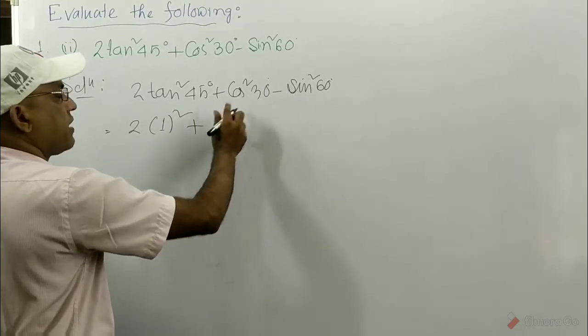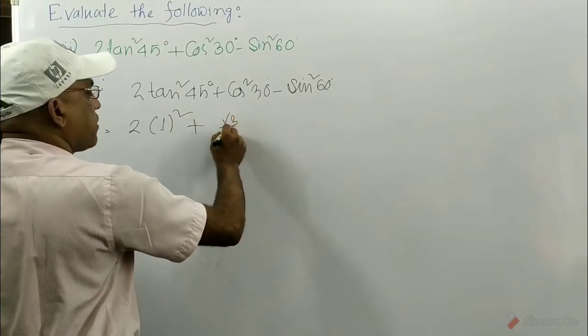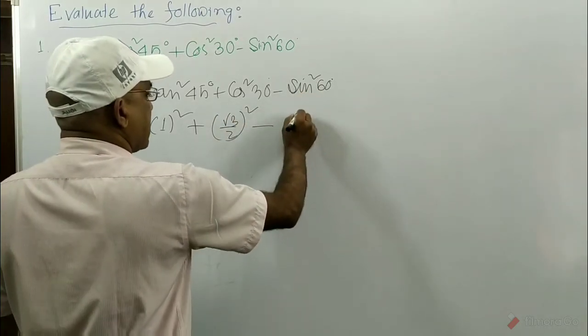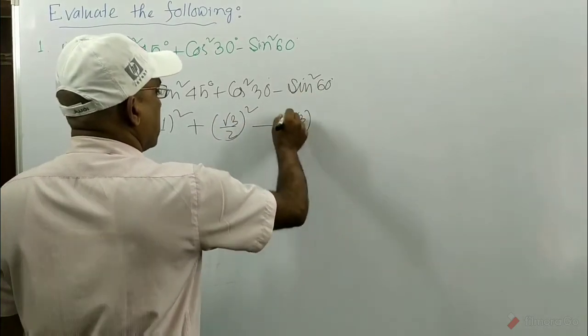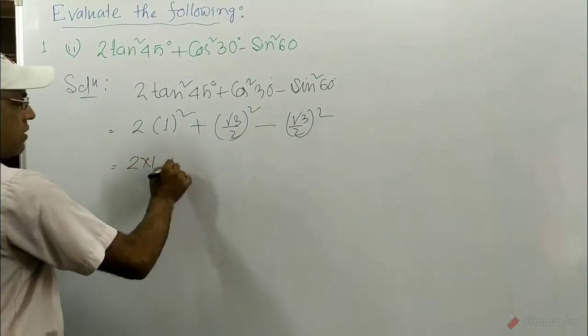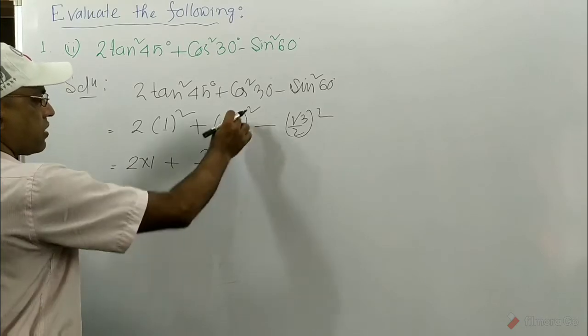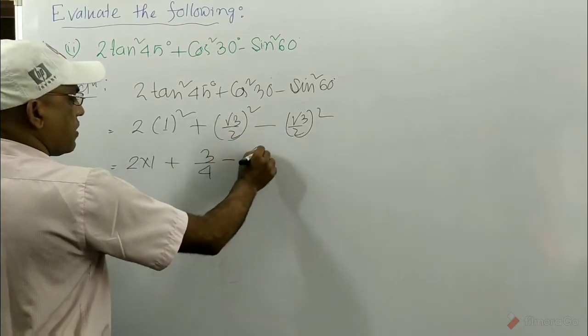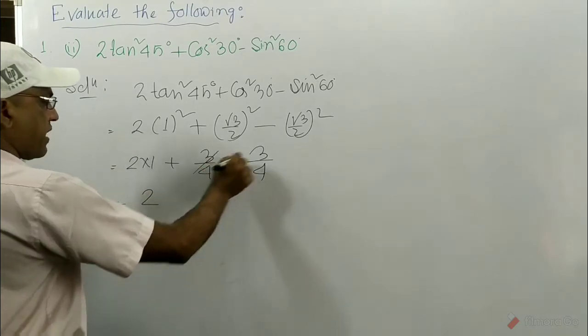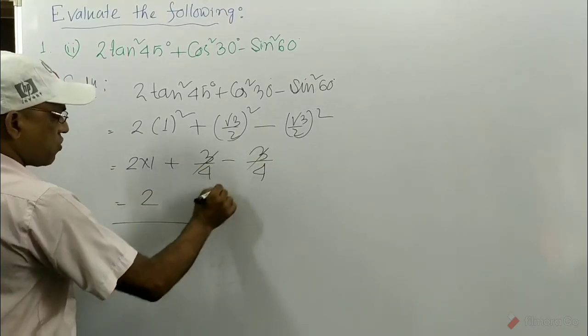Cos 30 is root 3 by 2 from the table, and sin 60 is root 3 by 2. So this is 2 into 1, plus 3 by 4, root 3 square means 3 by 4, minus 3 by 4. The 3 by 4 terms cancel, and we get 2.